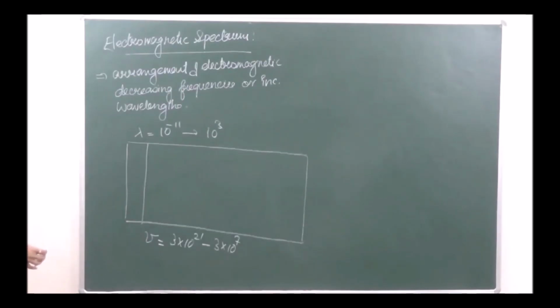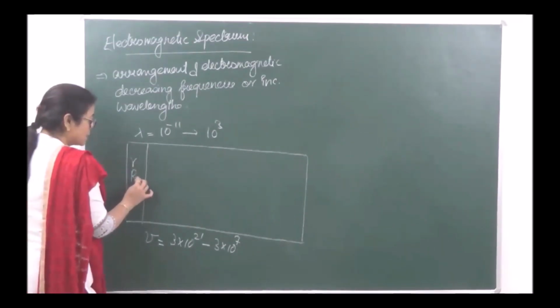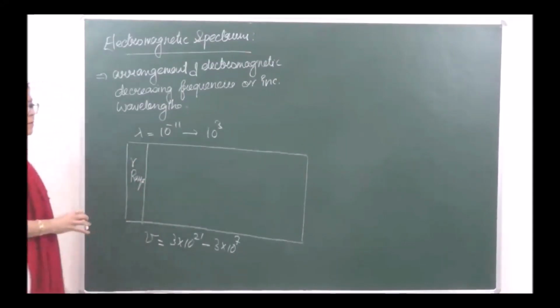Now when we are talking of the electromagnetic radiation with the lowest wavelength, in some of the books cosmic rays is given, but according to the new concept, the one which has the lowest wavelength is gamma rays.